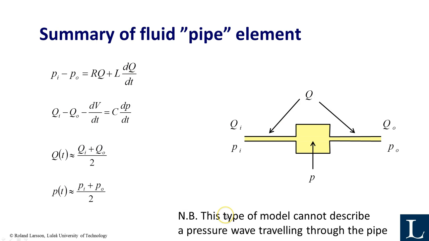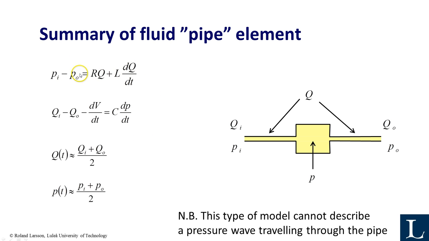Okay, so if we summarize the fluid pipe element, from the force equilibrium we get this equation, and from the continuity equation we get this one, and you may also make use the flows here are pretty much the same. So which Q to apply, should we apply the inlet Q or the outlet Q?